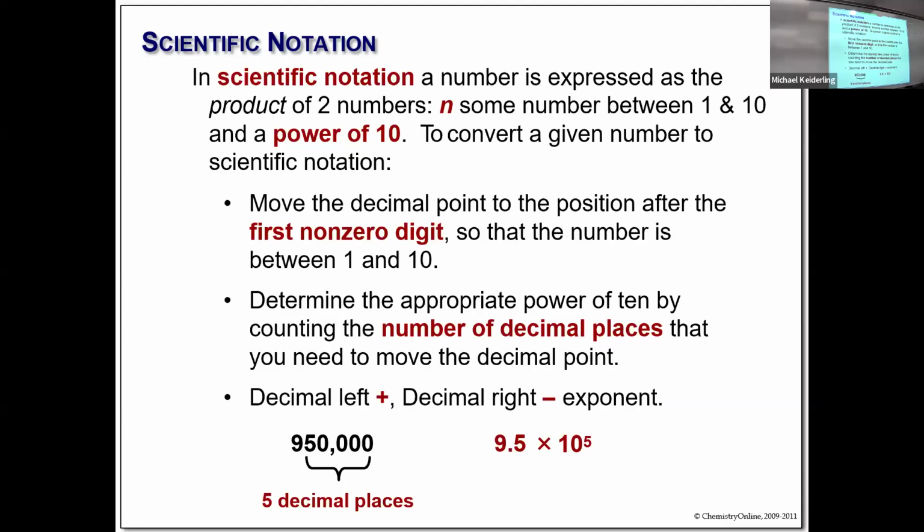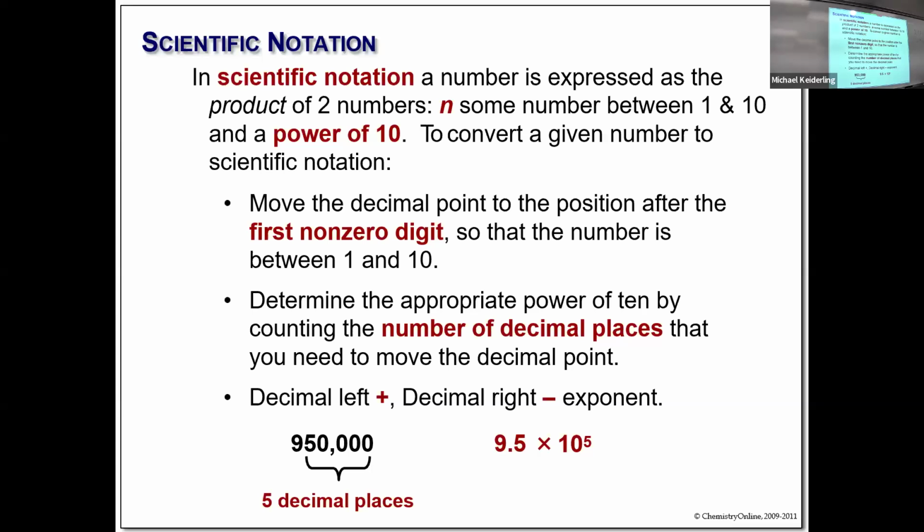So 2.75 times 10 to the 4. This is a more compact way of writing 27500. These are the same number.